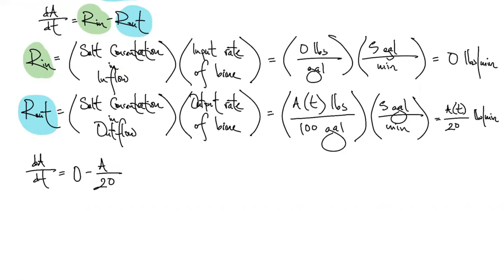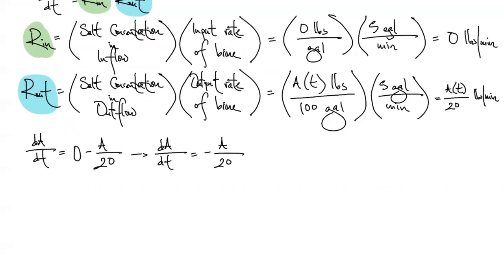And our job here is to find capital A, the amount. How much salt is going to be left in the tank at any given time? Now, if we look at this, I have a 0, so I don't really need to write that. We'll notice that dA/dt equals negative A over 20.